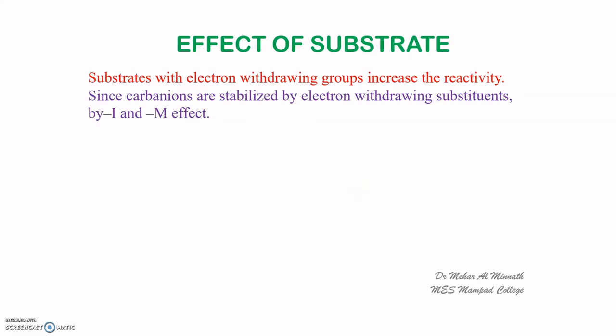The electron withdrawing group will pull the electron charge towards itself, making the carbanion stable. So in the order of reactivity, the methyl substrate is more reactive than ethyl, then propyl, because the carbanion has to be stabilized.